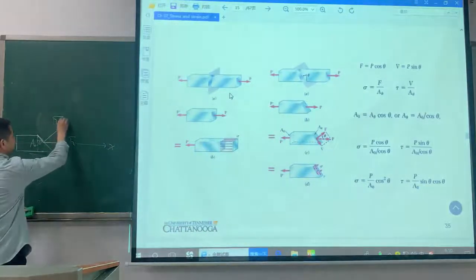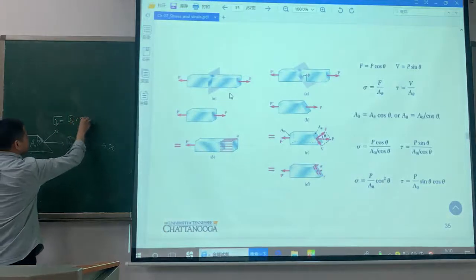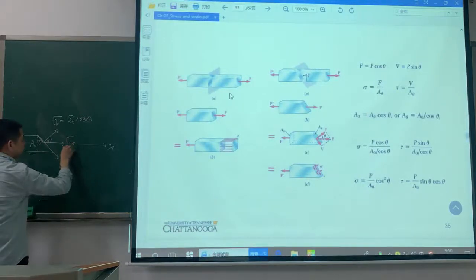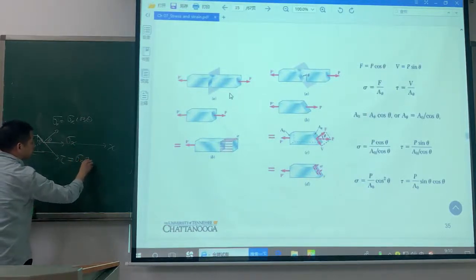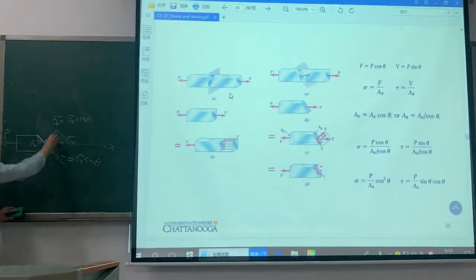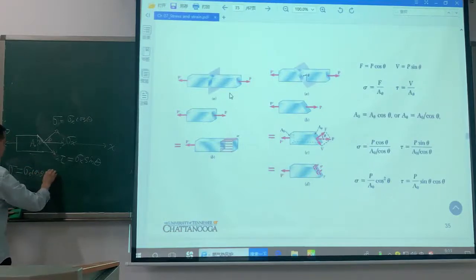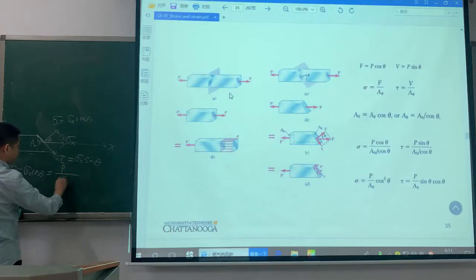Resolve it into two directions: sigma theta equals sigma x cosine theta, and tau equals sigma x sin theta. Sigma x equals P over A0 cosine theta.